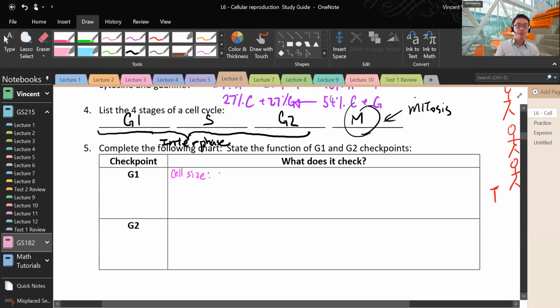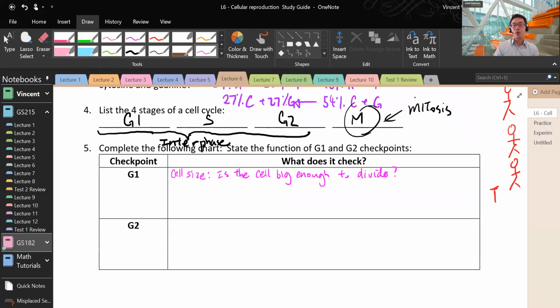Cell size. Like, is the cell big enough to divide? Okay. One of the main reasons why a cell needs to divide is when it gets too big, it's no longer efficient in transporting stuff within the cell.